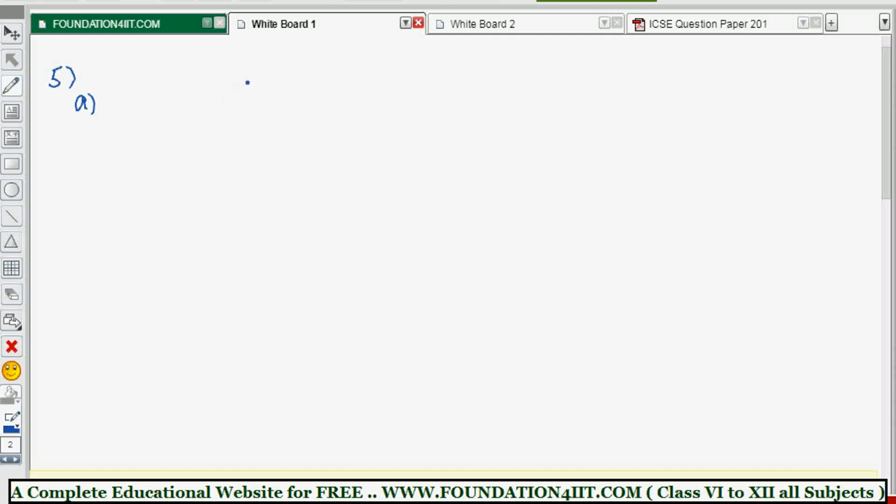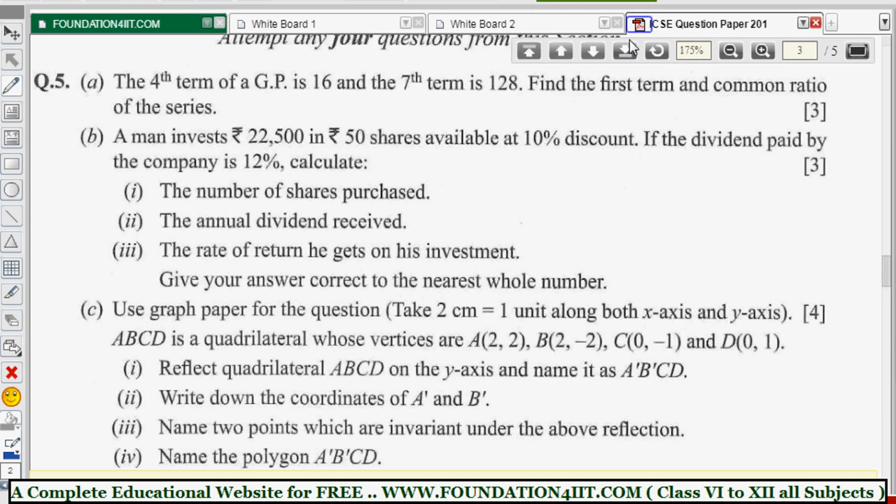So let a be the first term and r be the common ratio. Okay, r is the ratio, the common ratio.